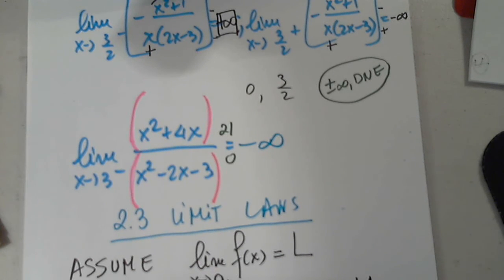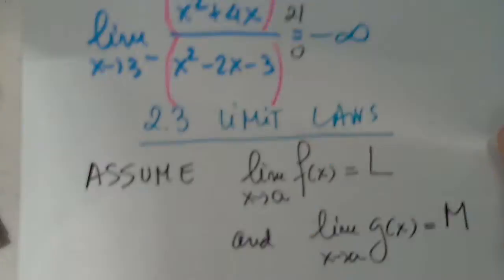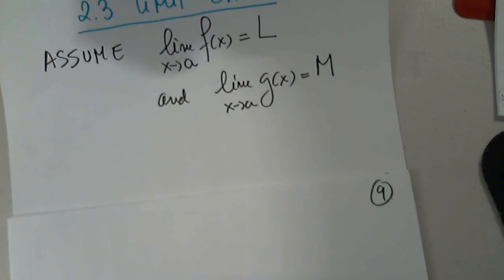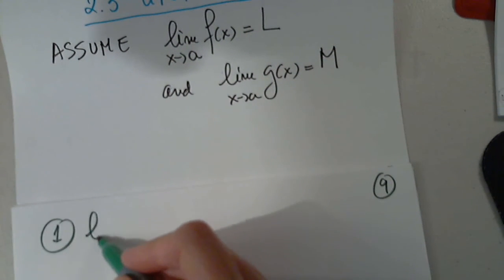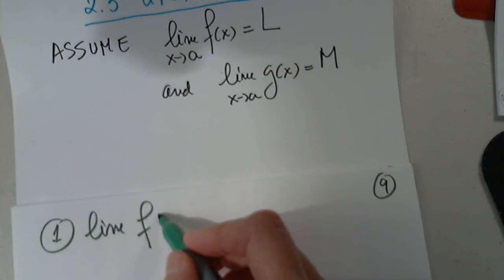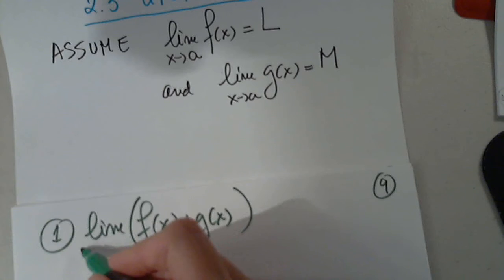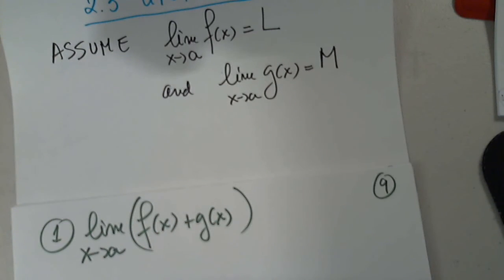It can be the same, we don't care what the numbers are, but they have to exist. So here's our first limit law, and that's how we indicate they exist.